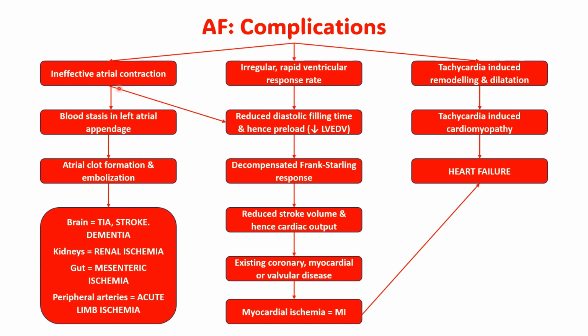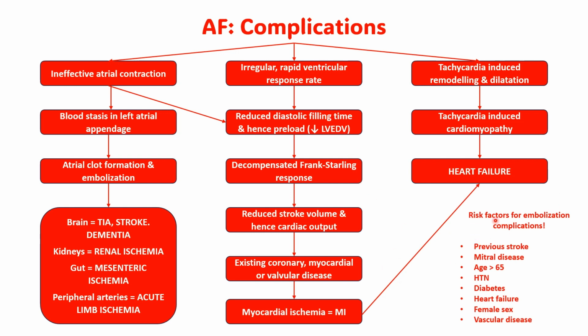Ineffective atrial contraction can also lead to reduced diastolic filling times and hence a decrease in preload. So preload, remember, we need that increased volume to cause stretching of the heart muscles to try and increase the contractility, but it's essentially not at an optimum level when the atria are fibrillating.